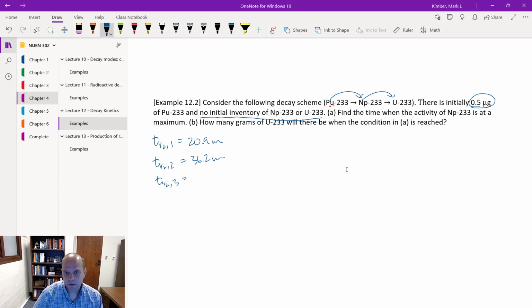And then isotope number 3 had a half-life of 1.5919 times 10 to the 5th years, so about 160,000 years. So we're going to call that stable compared to tens of minutes. We'll call that stable. So we need to find the initial inventory of isotope number 1.